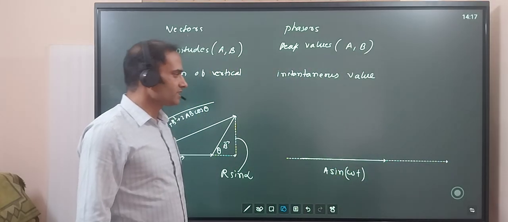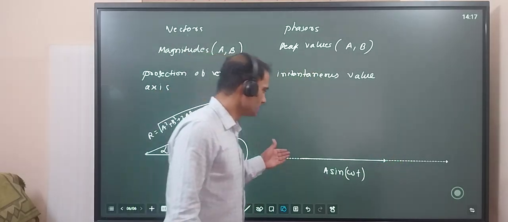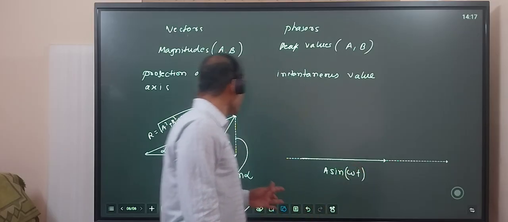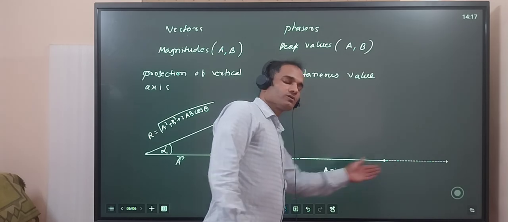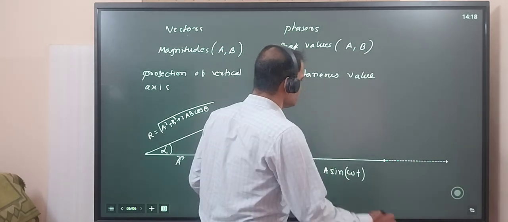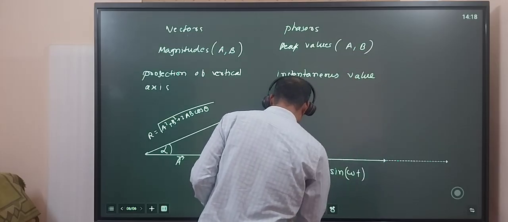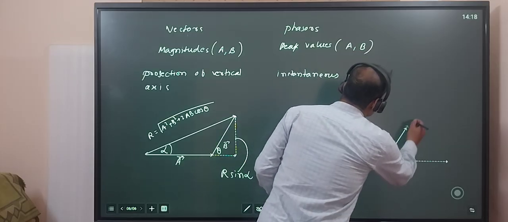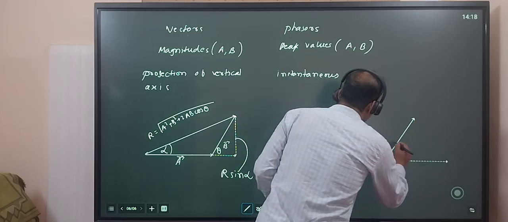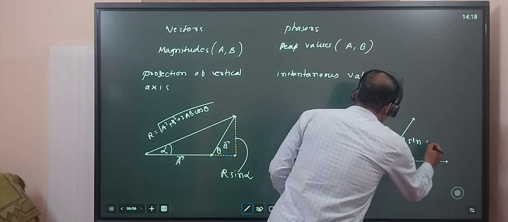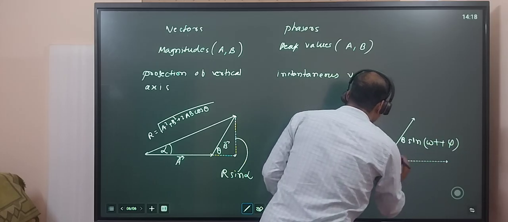So its projection on the reference axis, everything is along the reference axis only. And the other phasor B sin omega t plus phi is ahead by angle phi, right?